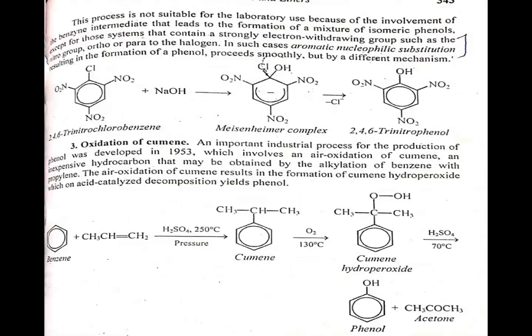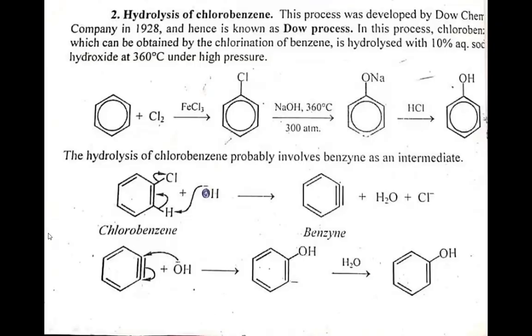Now, what is the limitation of this method? This is not suitable for laboratory use because of the involvement of the benzyne intermediate, and this benzyne intermediate may lead to the formation of a mixture of isomeric products. If another group is already present on the benzene ring of this benzyne formed as an intermediate, then the OH group may come to this position and it may come to this position.